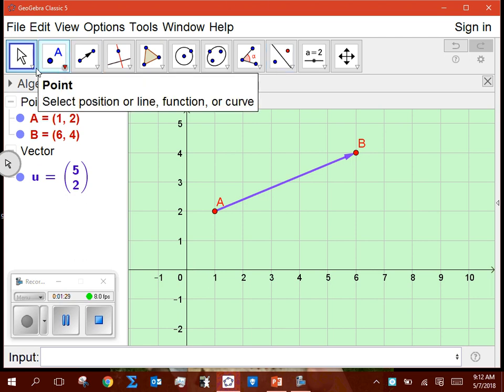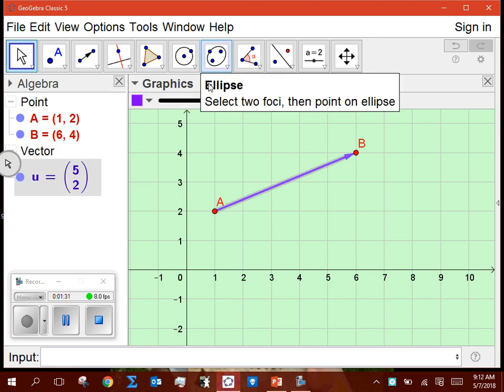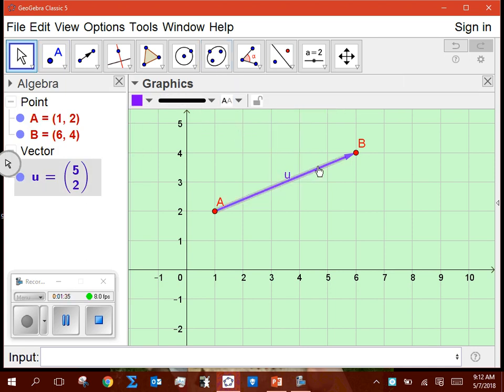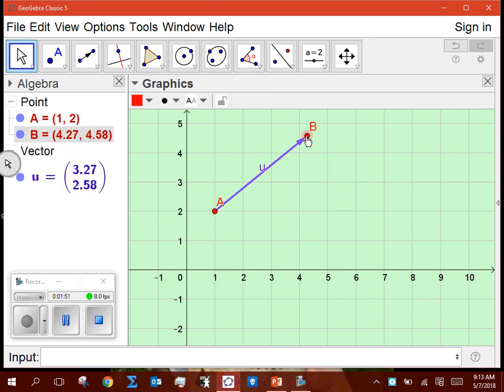You see here we call it vector U. And we talked about how we can take vector U and just kind of look over here right now. You don't know what this notation is right now with the 5 and the 2, but that is describing the vector algebraically, meaning that if I change the vector, it changes those numbers, right?